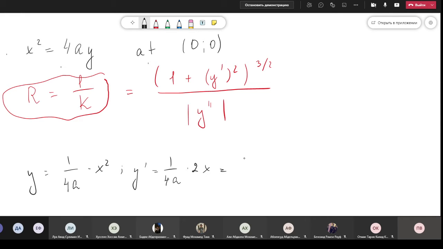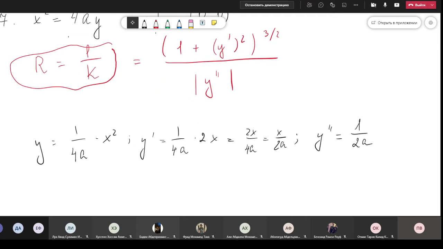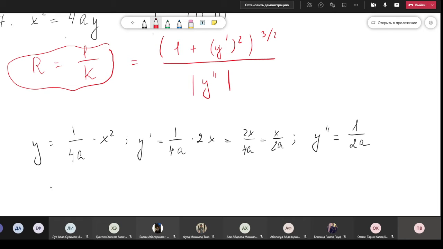And we have 2x over 4a or x over 2a, because 4 over 2 is 2. And y2 prime is 1 over 2a, which is constant. Yes, the derivative of x is just 1.